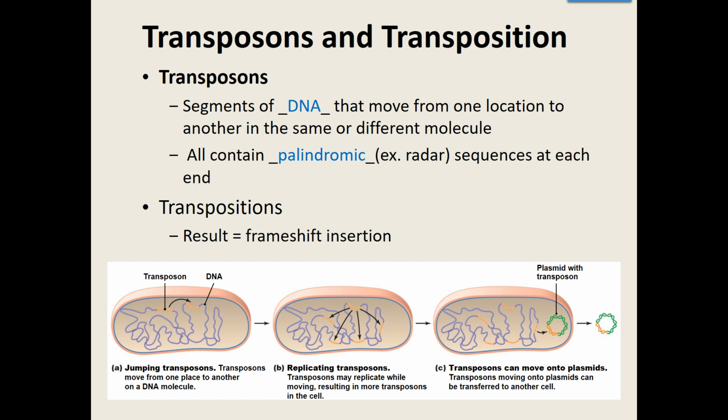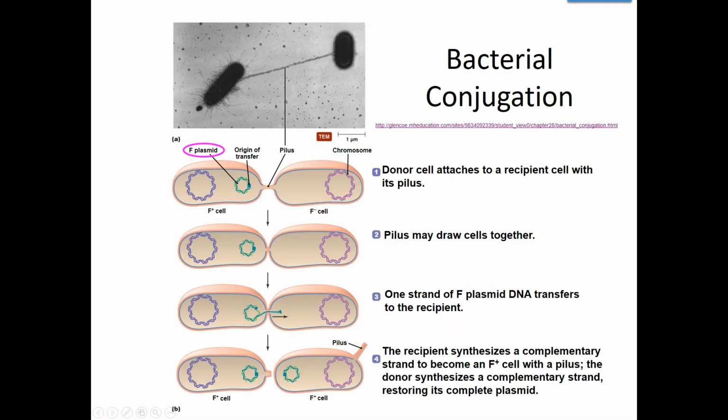So this is an example of a segment of DNA that's going to move from one location to another. This snippet of DNA is going to move from here to over there. And this one can replicate and then move into multiple areas of the DNA segment. Again, it's one big, long, continuous circular chromosome. But some of these little segments of DNA can go onto those plasmids, and then they can actually send some of that information to another cell.